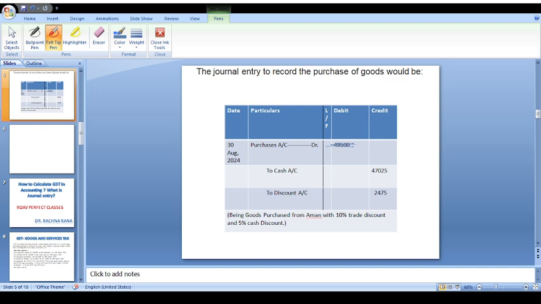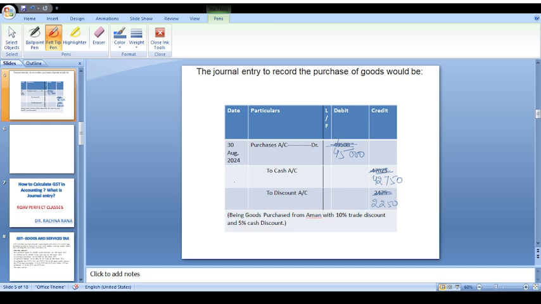After trade discount we get 45,000, and out of 45,000 the cash discount is 2,250, and we have to pay for purchases 42,750. This is your journal entry to pass cash discount.